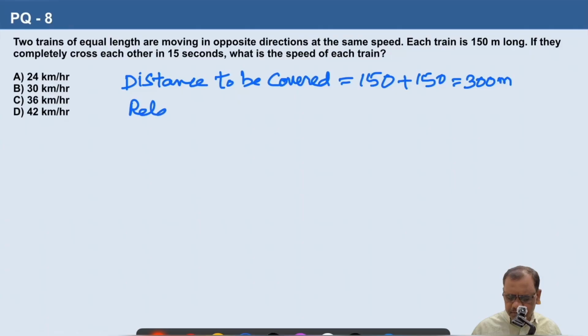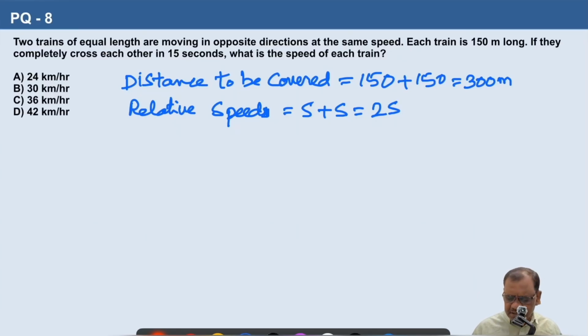Relative speed: since the trains are moving in the opposite direction, it is the sum of their speeds. The speeds are equal, so S plus S. 2S is the relative speed.